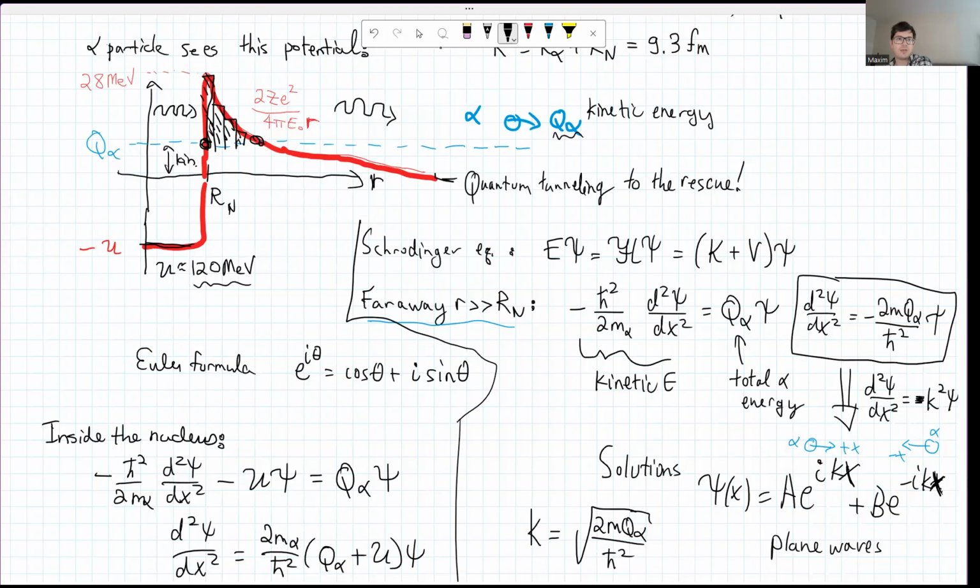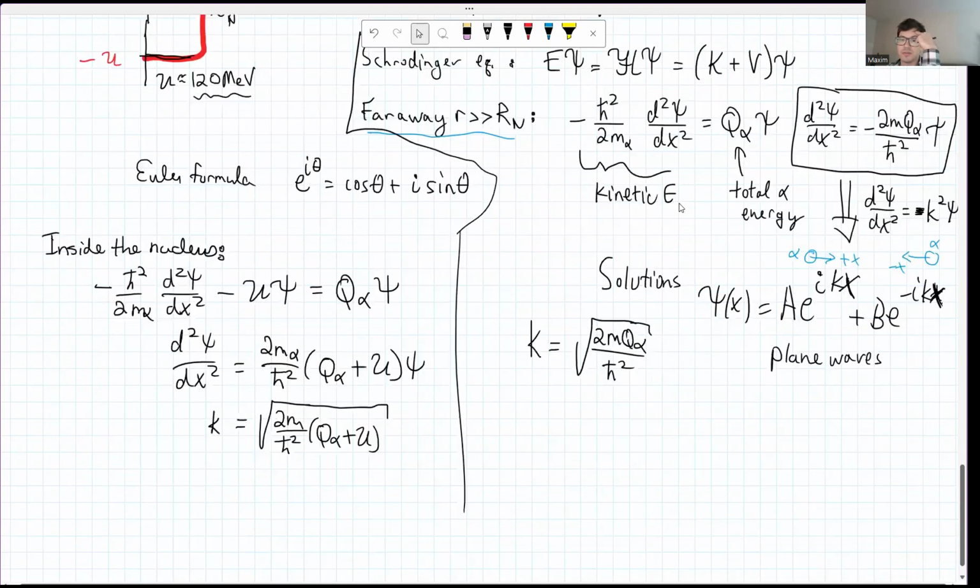And inside each one of these, you'll have a similar thing going on where your total energy is q alpha. But now, instead of your potential energy being a negative constant, it's going to be a positive constant. So it's going to be plus v here, where v is given by this guy right here, the Coulomb potential energy. And so you'll actually get a different sign in your differential equation.